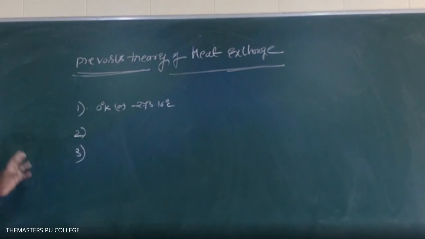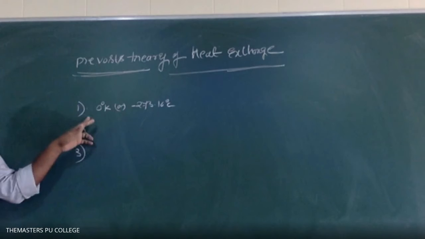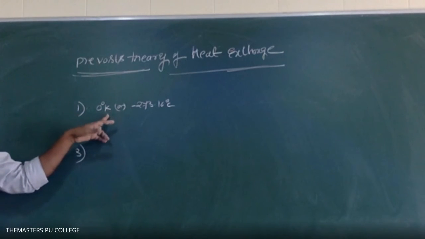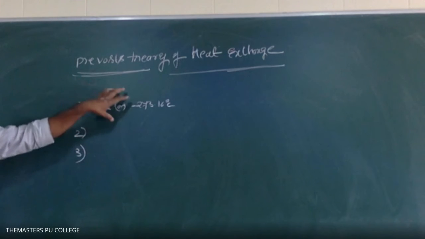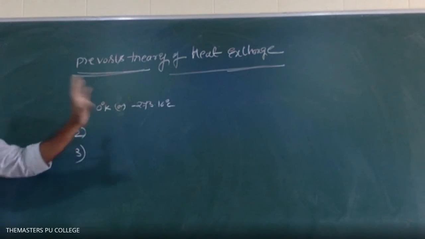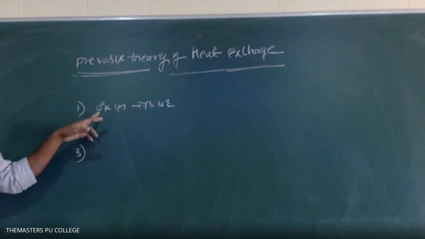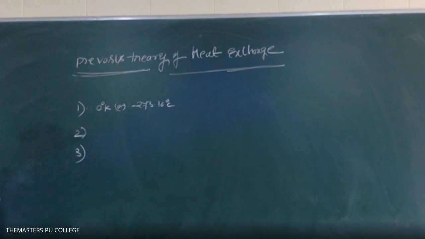If the temperature of the object is 0 Kelvin, then in that state the body does not emit thermal radiation. Except at that temperature, all objects will emit thermal radiation. Cold bodies emit cold radiation, hot bodies emit hot radiation.